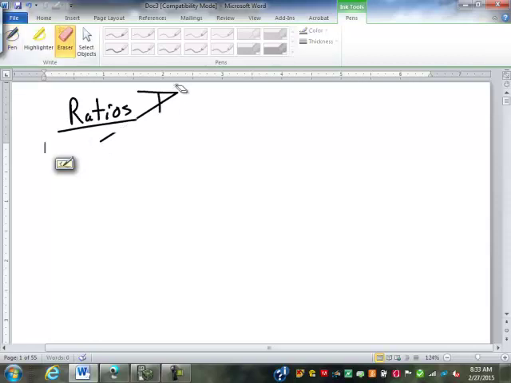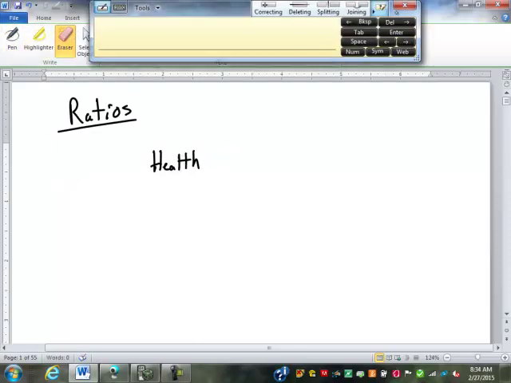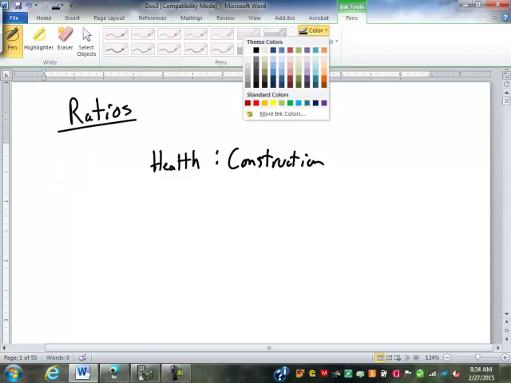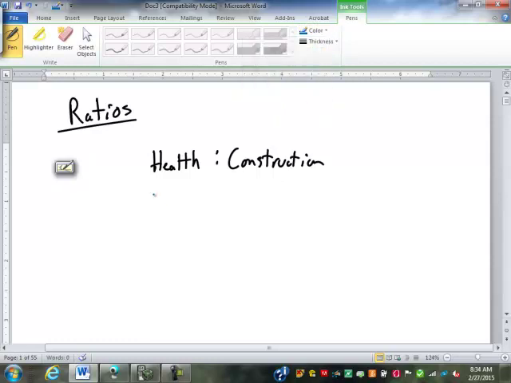So I'm going to do a ratio of health students to construction students. And between my 2 classes of the math for health professionals, I have 27 students.